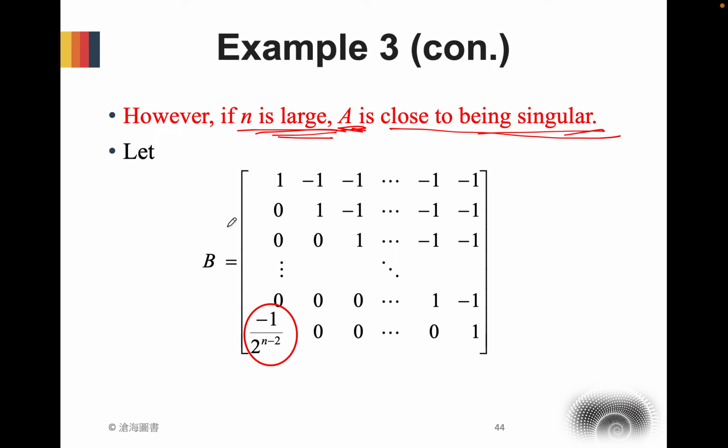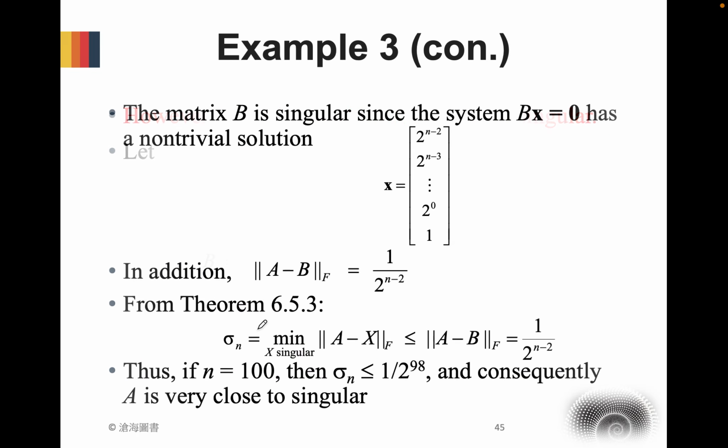now let the matrix B be this matrix, which is also a 10,000 by 10,000 matrix. The matrix B is almost the same as the matrix A, but with the value at this position being -1 divided by 2 raised to the power n minus 2, for example. So because n is very large, this value can be very, very small, right?